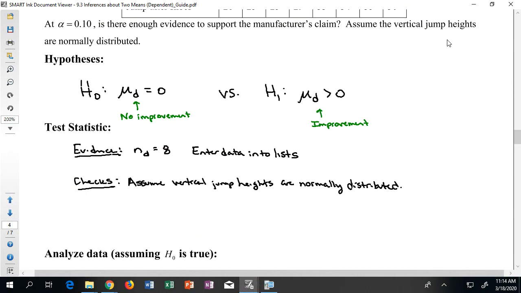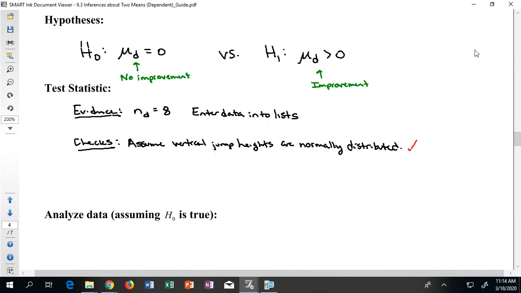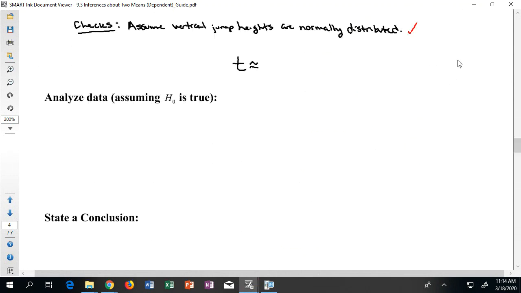So we already have that, which is great. We can check that off and we know we're ready to do the t-test. The only thing we have left to write down is what our t-score is, and we'll do that as we complete the next step.